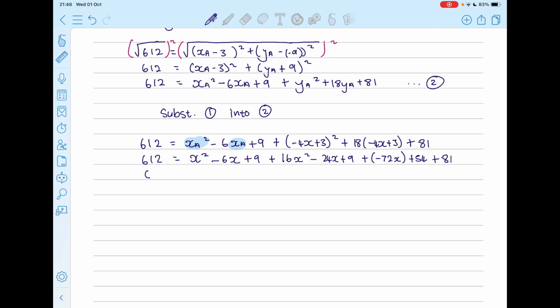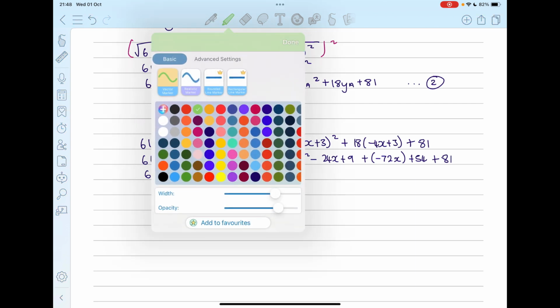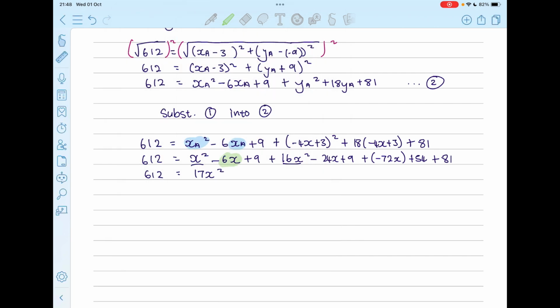Okay, now it's just grouping like terms. Let's keep the 612 there for now. So the x squared terms: 16 plus 1 is 17x squared. And next we are looking at 6x and 24x and negative 72x. So that's negative 6, negative 24 and negative 72.